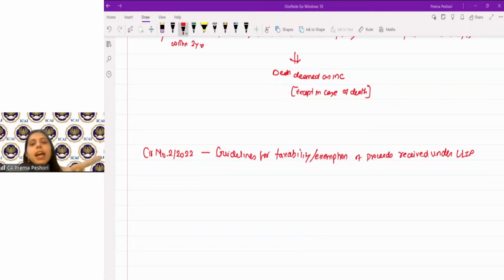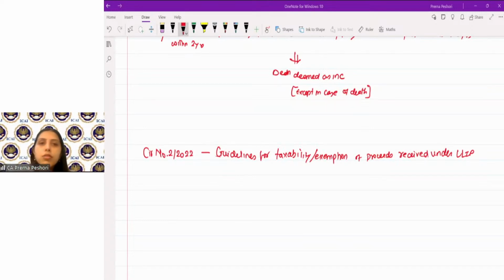If the assessee has received the consideration under the ULIP and the premium payable on such ULIP exceeds rupees 2,50,000 for any of the previous years during the term of the ULIP, then exemption under 10(10D) will not be applicable.